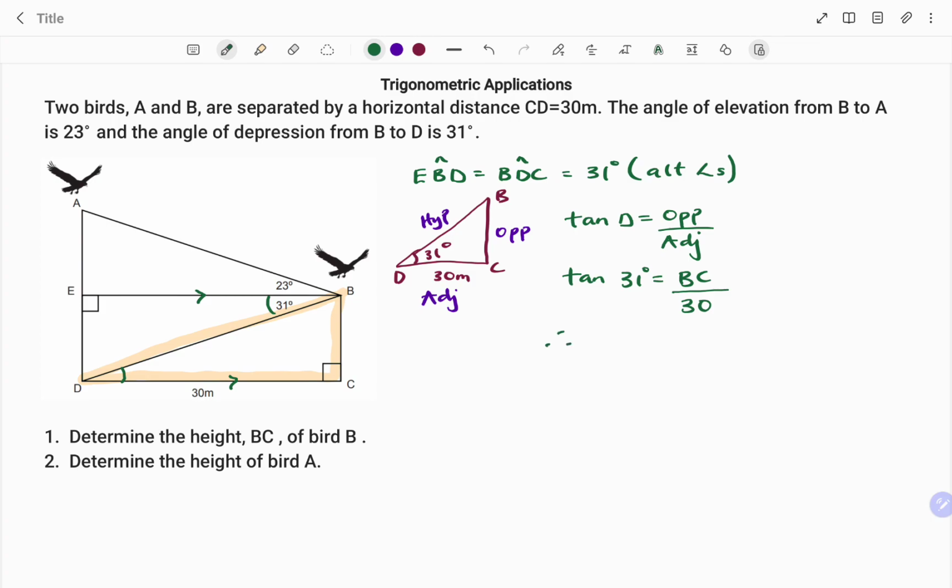Therefore, cross multiplying, I have BC equals 30 times tan 31 degrees, which is equal to 18.03 meters. So we have the height BC, that's 18.03 meters.